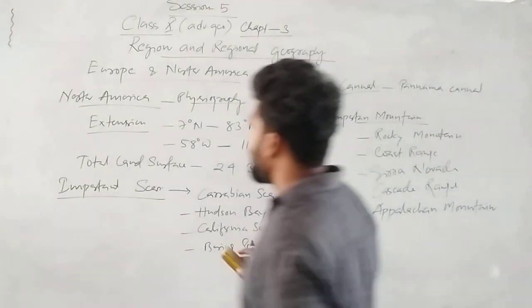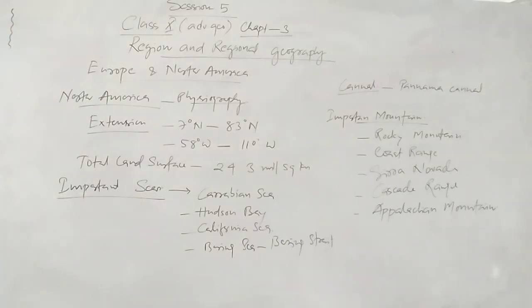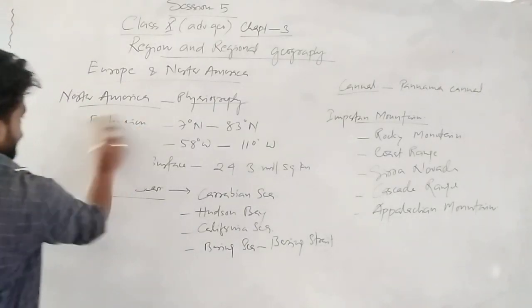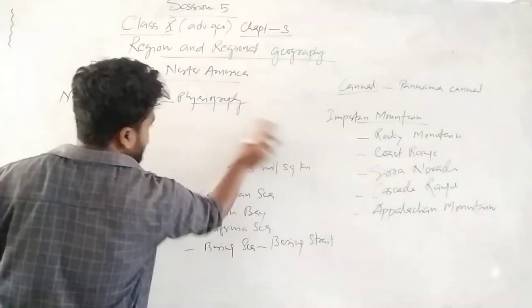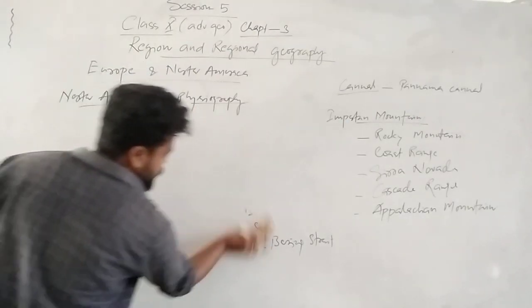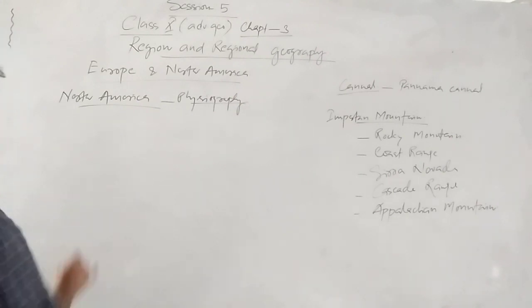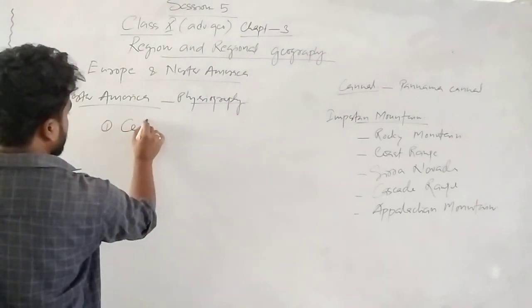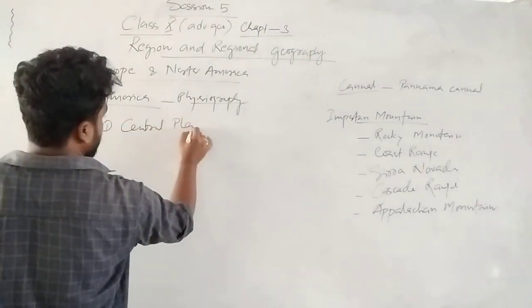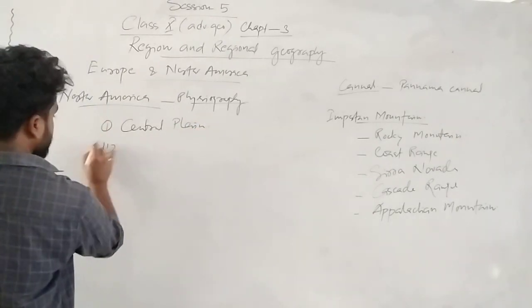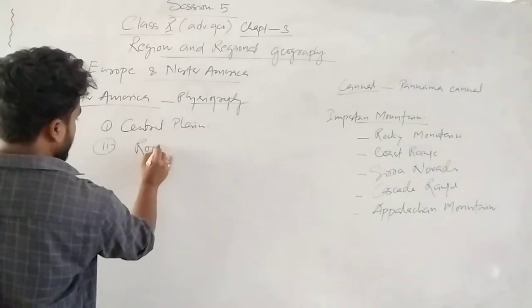Okay, we will see again. This North America is divided into some physiographic divisions. Physiographically it is divided into 4 parts. Generally we consider 3 parts, and the 4th is just the island groups. Number 1 is the Central Plain. Number 2 is the Rocky Mountains.